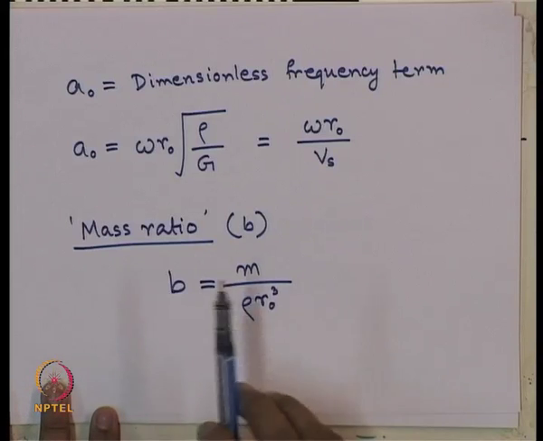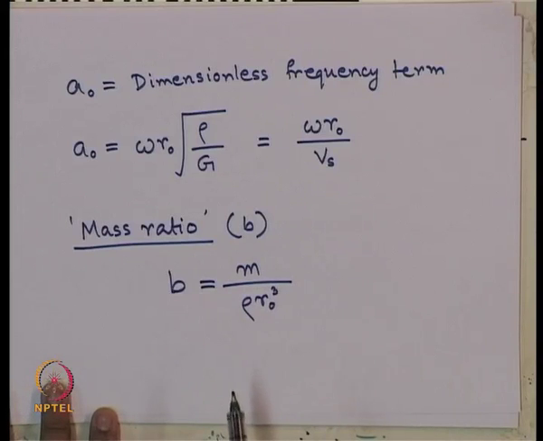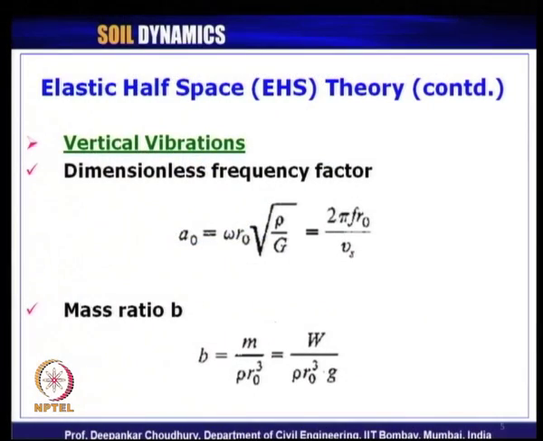So, Lysmer's entire displacement functions, this f1, f2, are expressed in terms of these non-dimensional parameters, that is, dimensionless frequency term and mass ratio. So, for vertical mode of vibration, you can see in this slide, the dimensionless frequency factor is calculated like this.